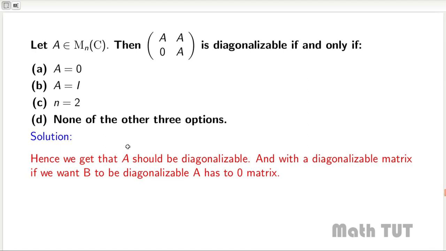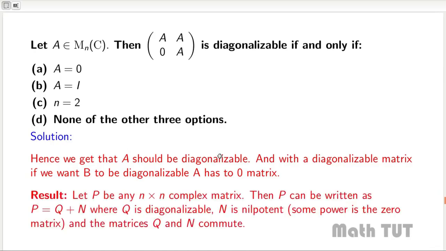How we can argue that is, there is a result regarding complex matrices, or in fact it is true for a real matrix also, that if you take an n by n matrix P, then it can be written as the sum of two matrices Q and N, where Q is a diagonalizable matrix and N is a nilpotent matrix.